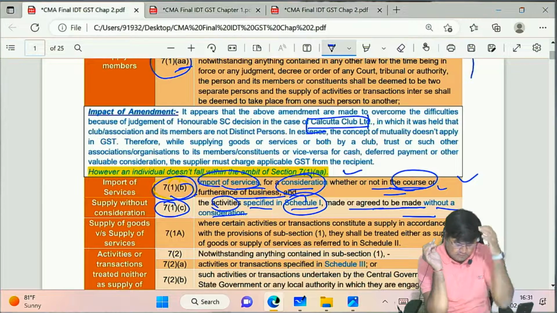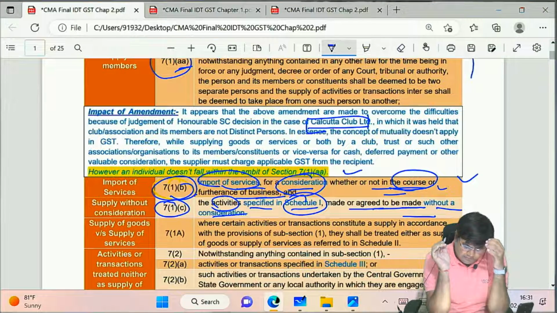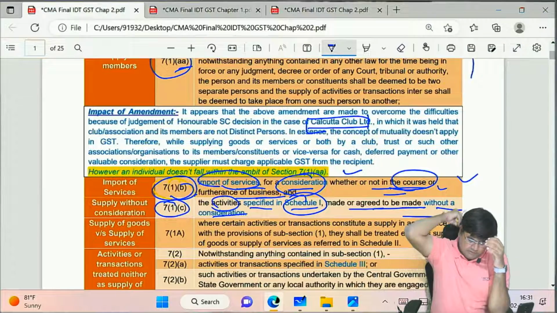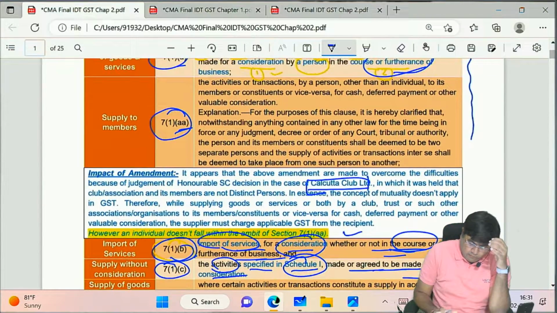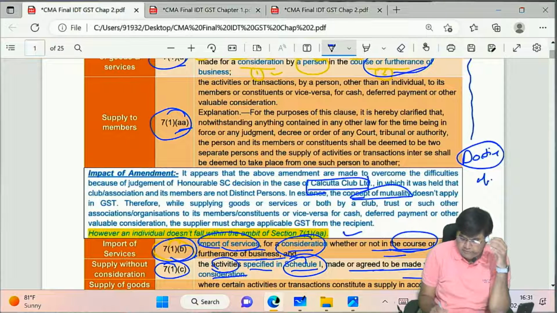This judgment was given for the doctrine of mutuality. So there is one doctrine called the doctrine of mutuality, or concept of mutuality.